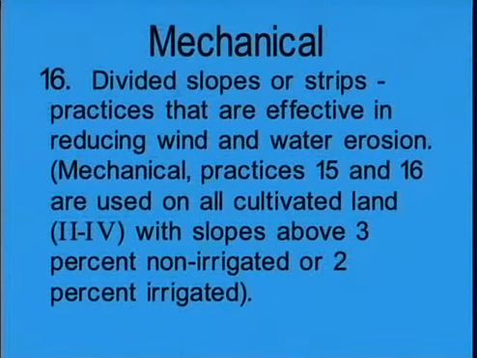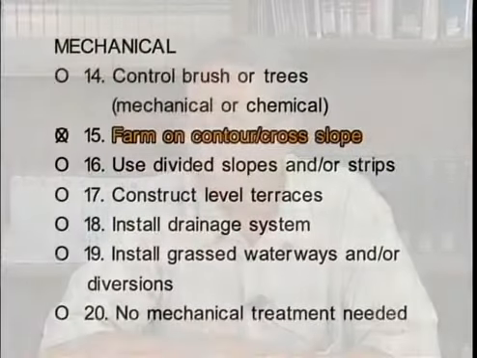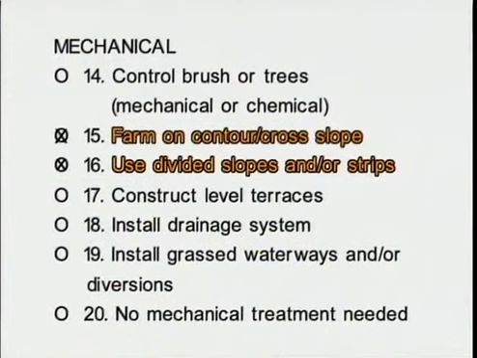Mechanical practices 15 and 16 are used on all cultivated land, class 2 through 4, with slopes above 3% non-irrigated or 2% irrigated. Well, we have a 12% slope, which is in that category, and we are on class 3 land. So we should have marked item number 16 on this practice exercise, using divided slopes and/or strips.